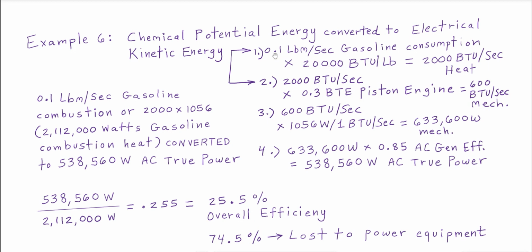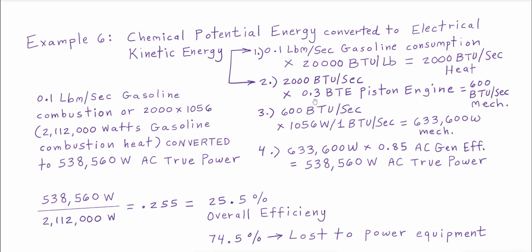So if we're consuming 0.1 pounds per second gasoline into the piston engine, then we can multiply the 0.1 times 20,000 to get 2,000 BTUs per second heat going into the engine.